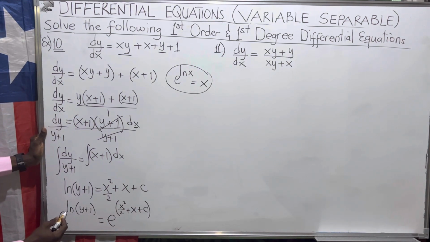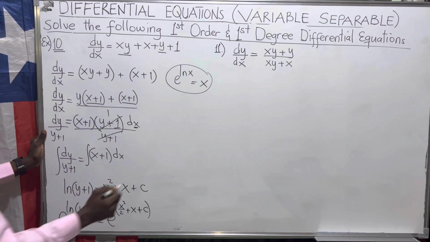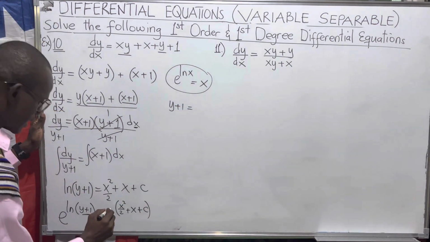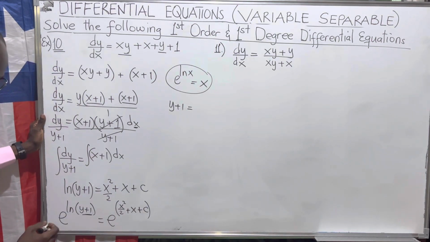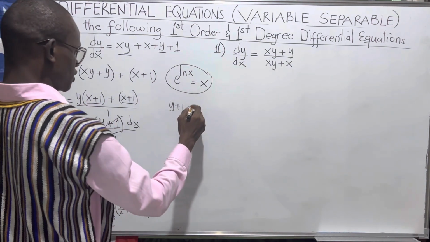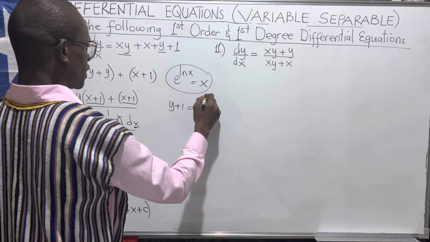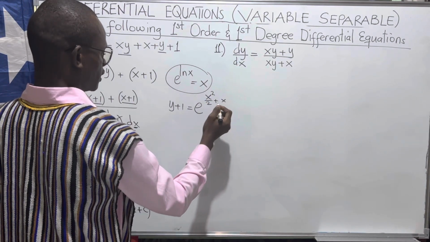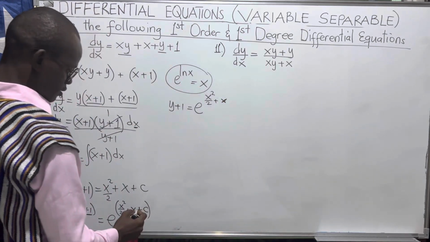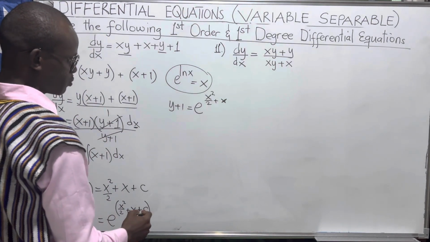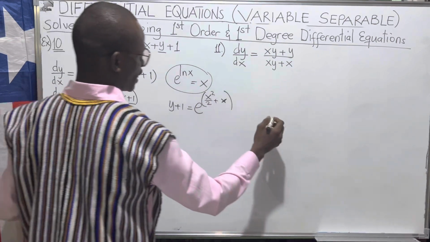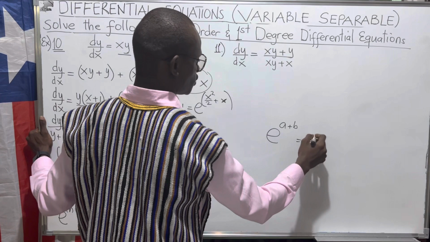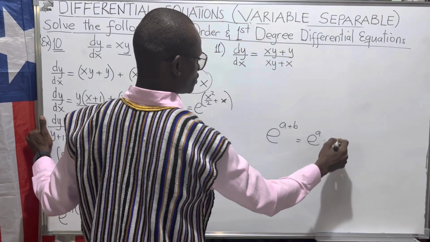So e raised to ln of this expression is just equal to y plus 1, and this is equal to e raised to x squared over 2 plus x plus c. Now we can take this constant portion out, because we know that e raised to a plus b is equal to e raised to a times e raised to b.